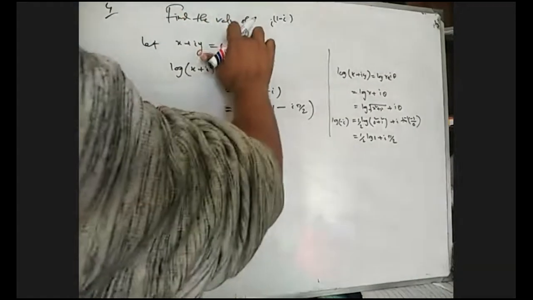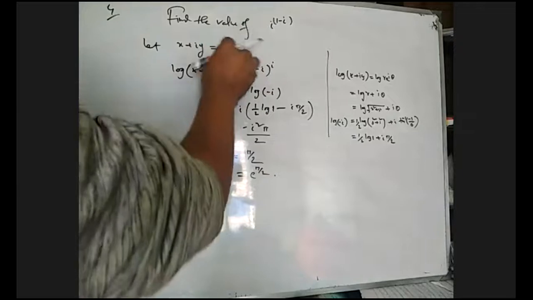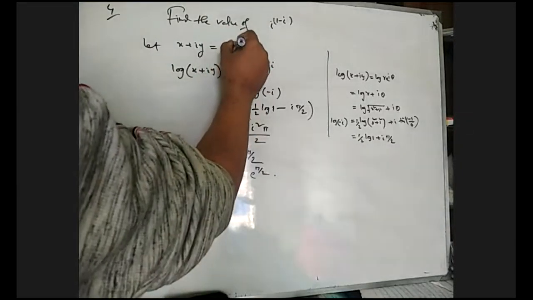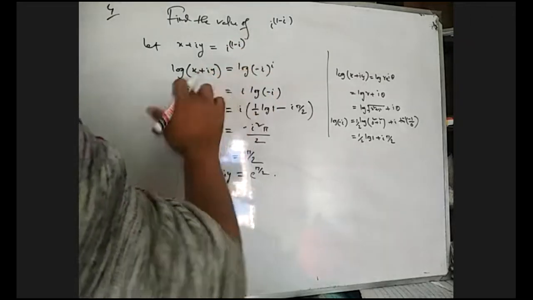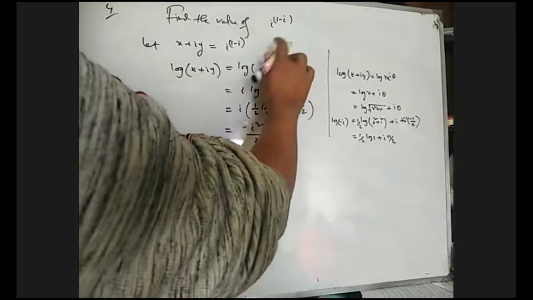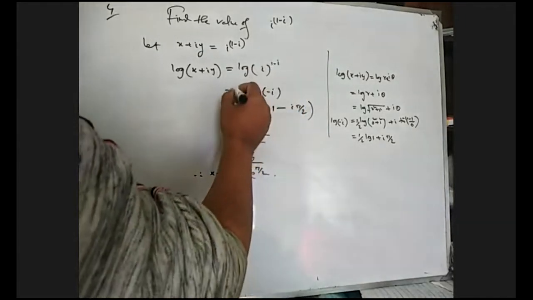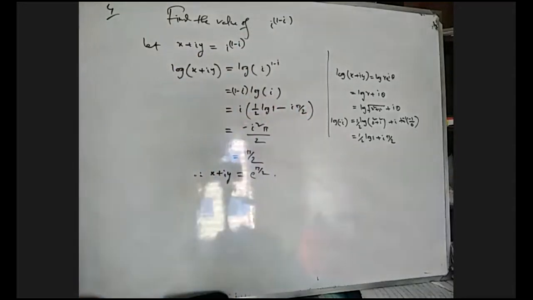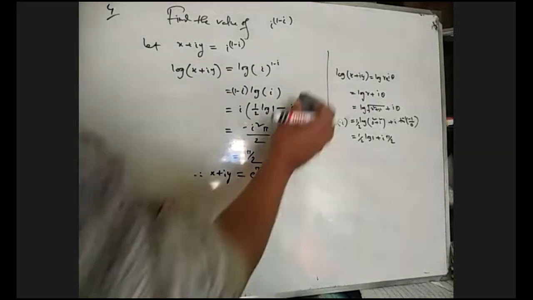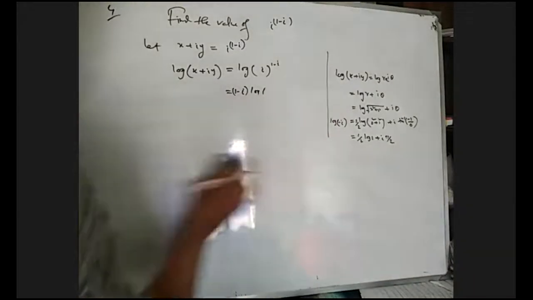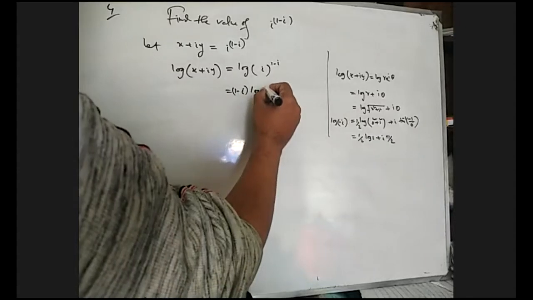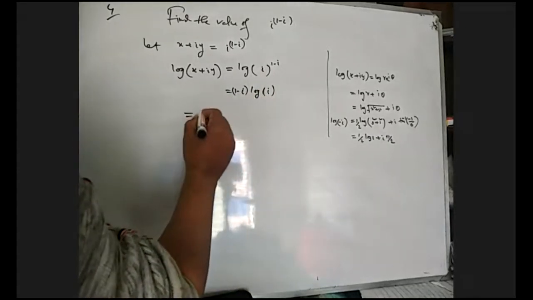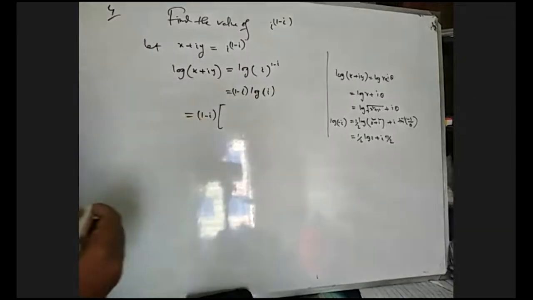Taking log on both sides, log of I to the power 1 minus I equals 1 minus I times log I. Now log I can be written as what?